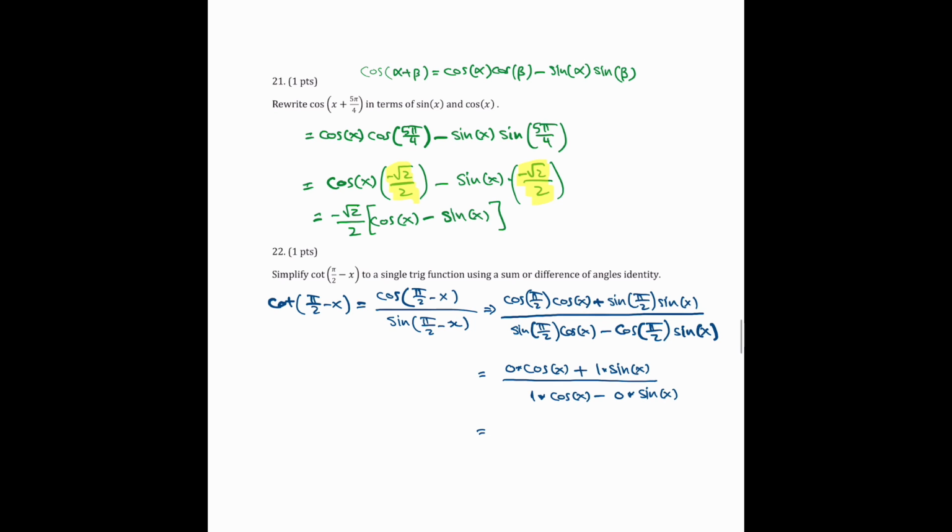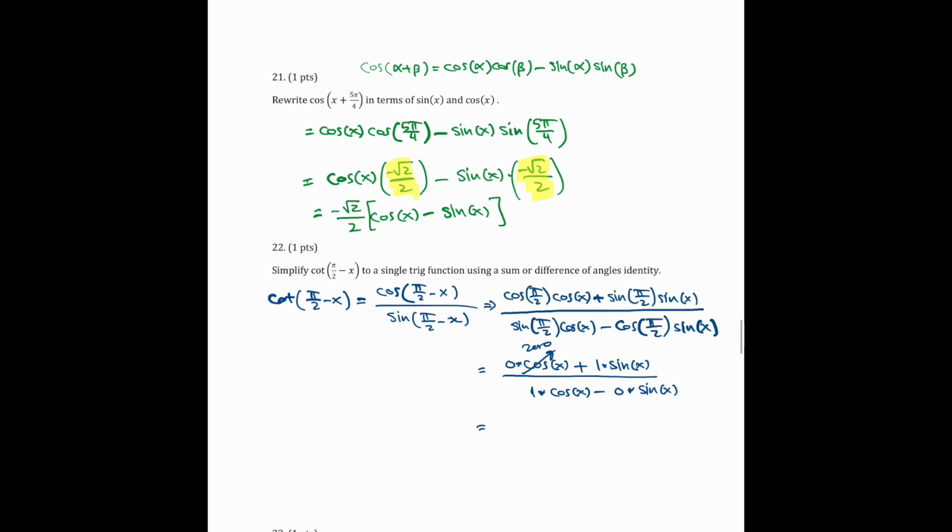So this expression is gone. This is 0. And this expression is 0. I have on the numerator sine x, and in the denominator I have cosine x. So this is going to reduce to tangent x.